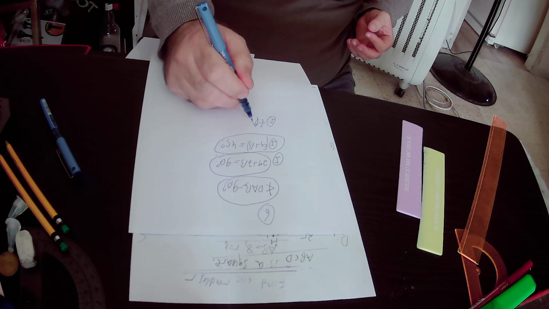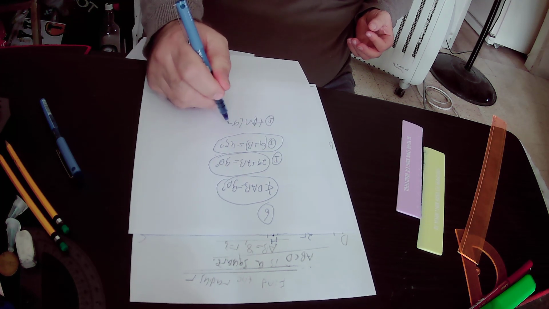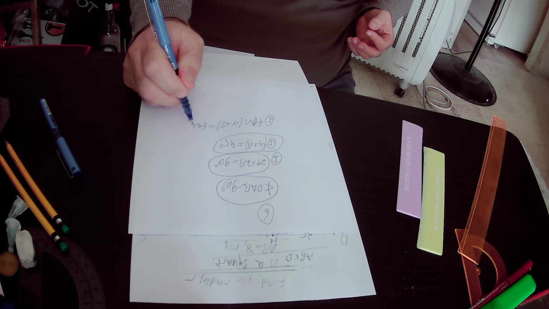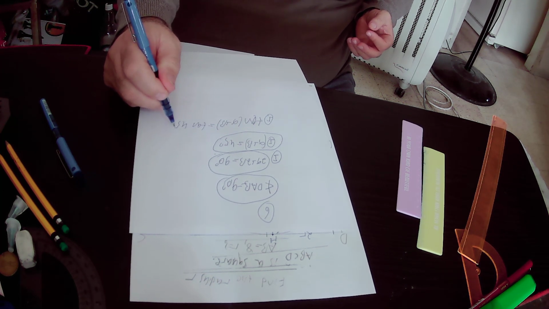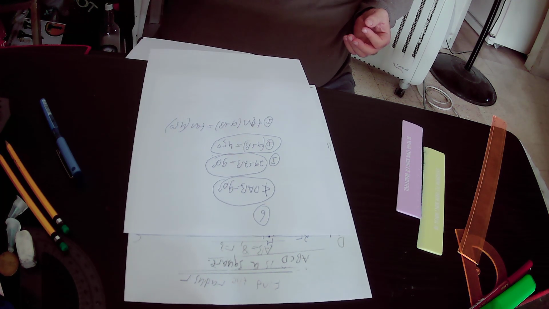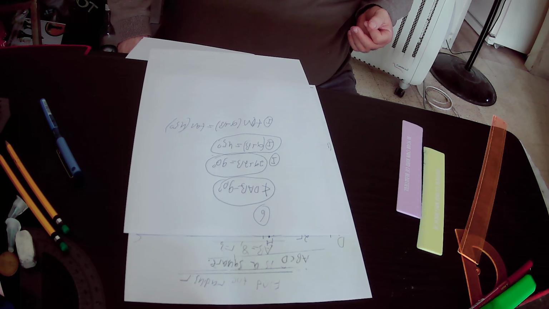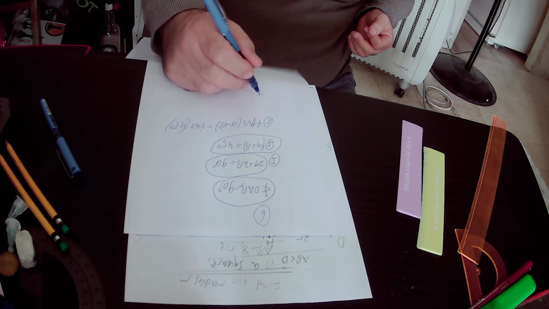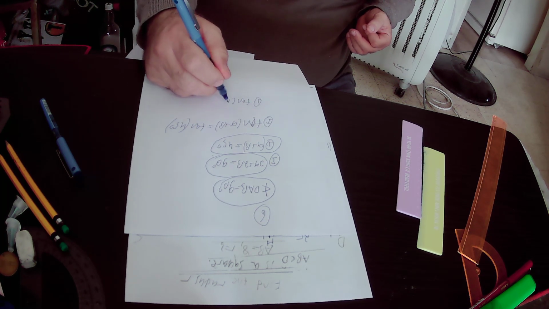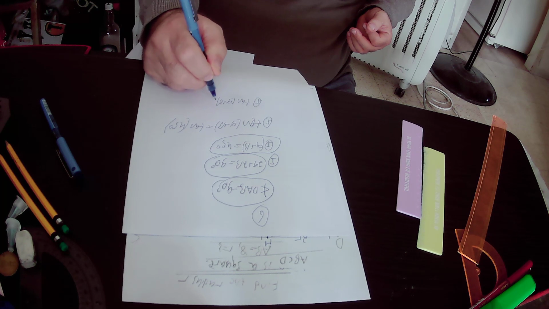And we know that tangent 45 degrees equals 1, so we write here that tangent of alpha plus beta equals 1.